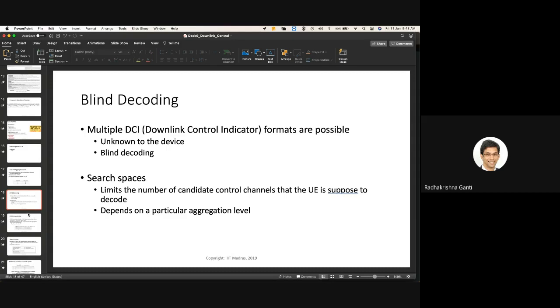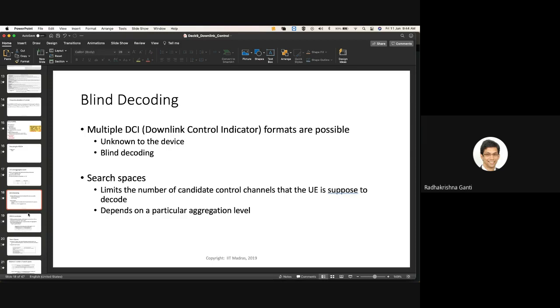So let's go into the search spaces. Let's understand what is meant by search space and other issues. As I was mentioning, multiple DCI formats are possible, and multiple aggregation levels are also possible. At the point when the UE is trying to decode the PDCCH, it does not have any information.